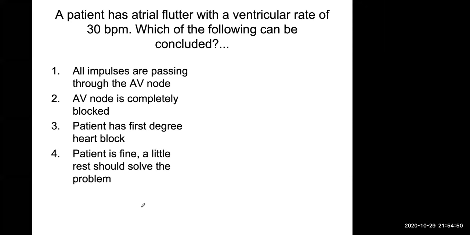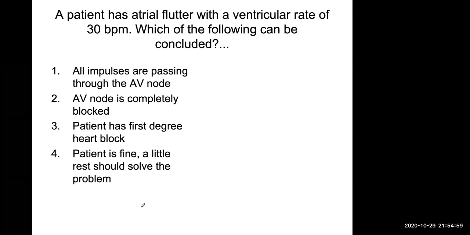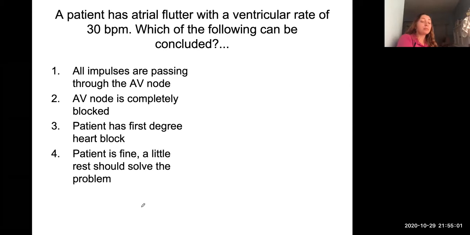Oh no, my bad, number 2. Yes, number 2. So the AV node is completely blocked. Because if the AV node is completely blocked, then the Purkinje fibers will start to initiate the action potentials, and it could be 40 beats per minute or 20 beats per minute.